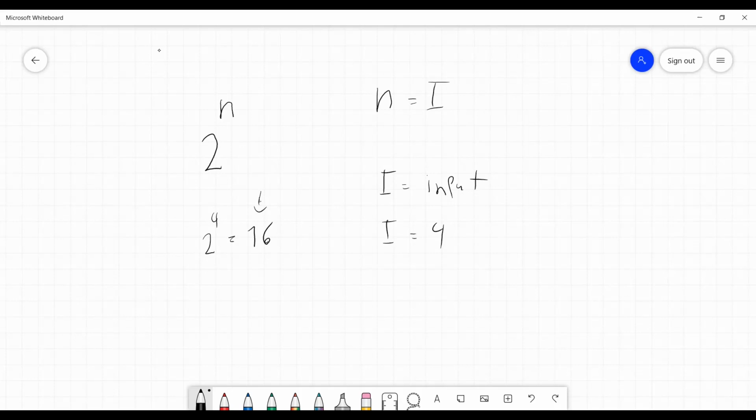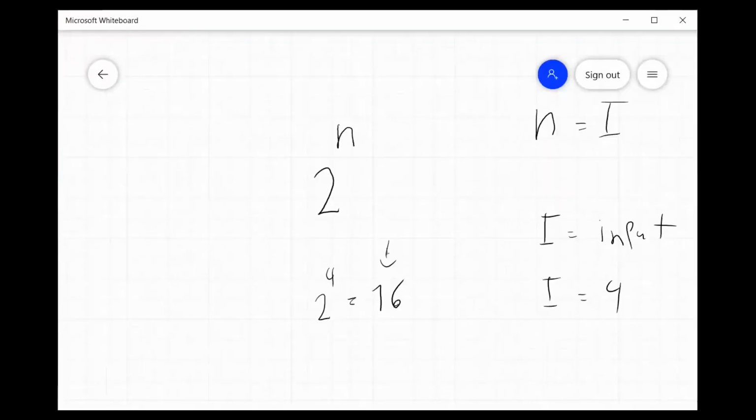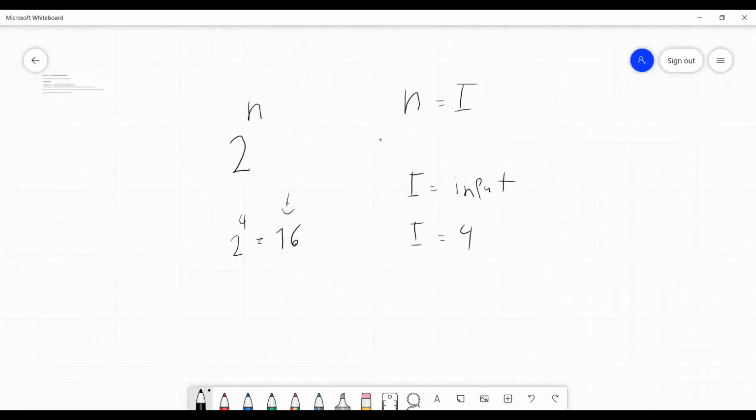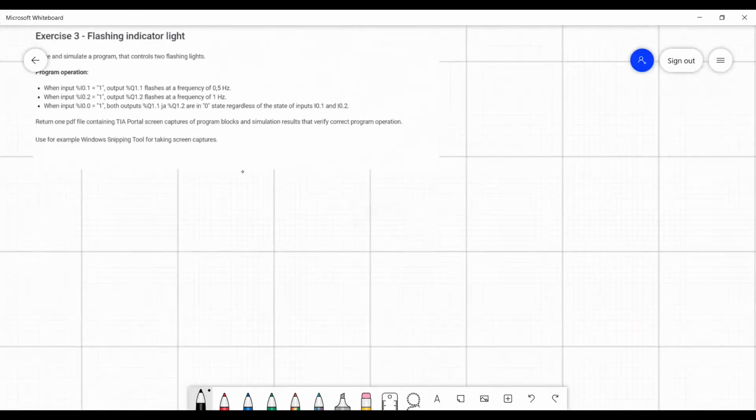In our problem, we are given 3 inputs, right? I0.1, I0.2, and I0.0.